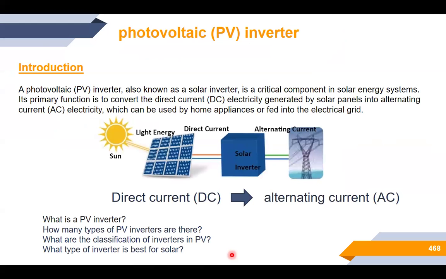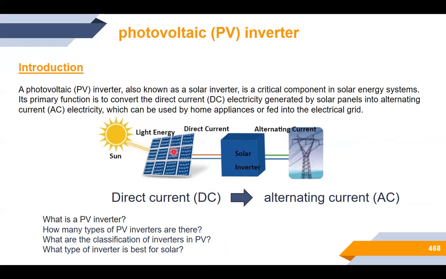A photovoltaic inverter, as you know, of course, is a kind of electrical equipment. The main task of this inverter is to convert direct current to alternating current. We have here the PV modules connected in series and in parallel.